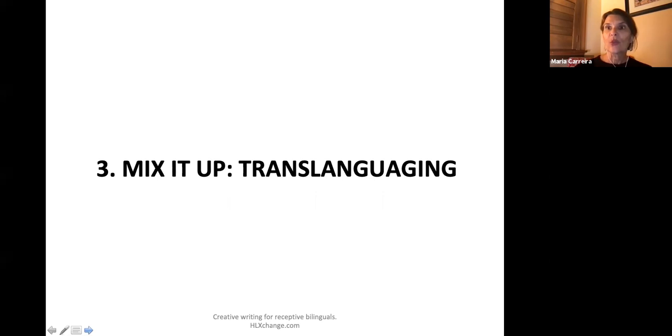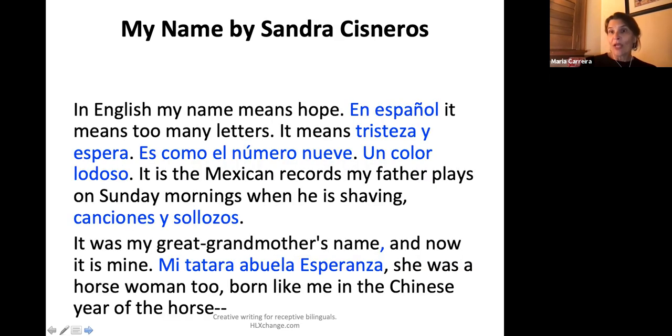Moving now to the third activity, mixing it up, which essentially involves translanguaging, that is, using the two languages that our receptive bilinguals bring to the classroom in a creative way. Now, one way you can do this, I said I was going to give you another activity you could do with my name.